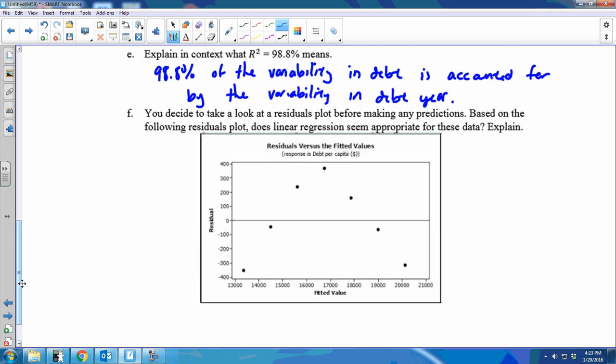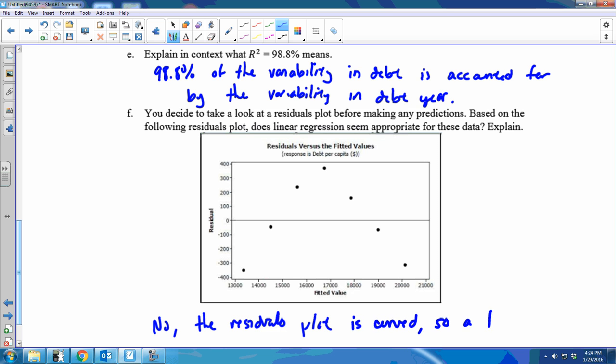And then F, you decide to take a look at the residuals plot before making any predictions, and based on the following residuals plot, does linear regression seem appropriate for these data? No. The residuals plot is curved, has a pattern, something.